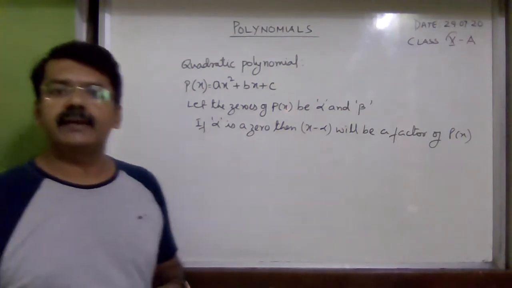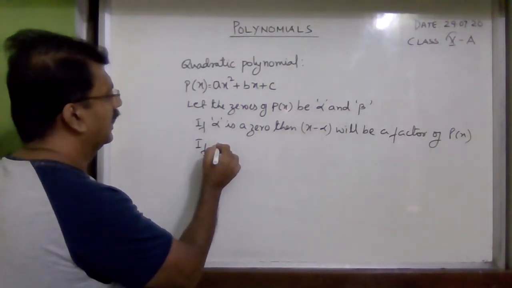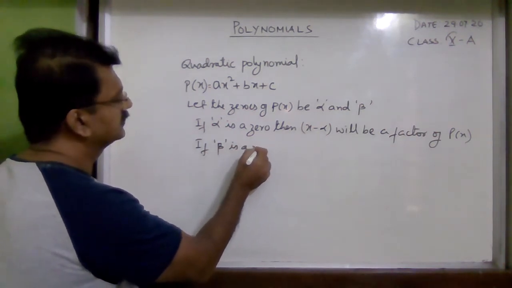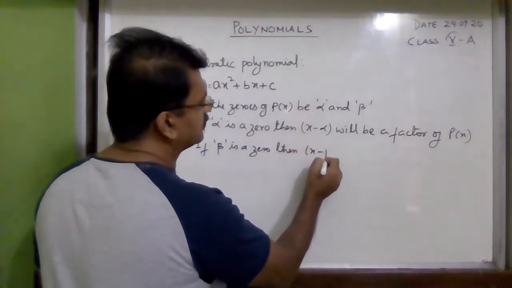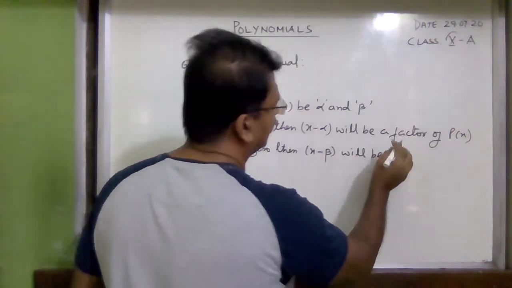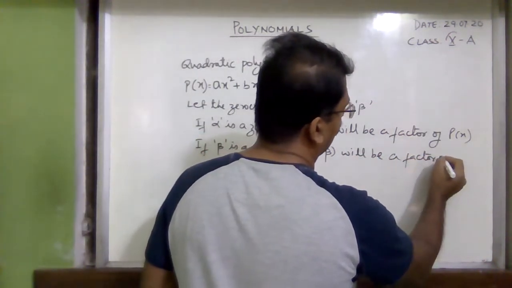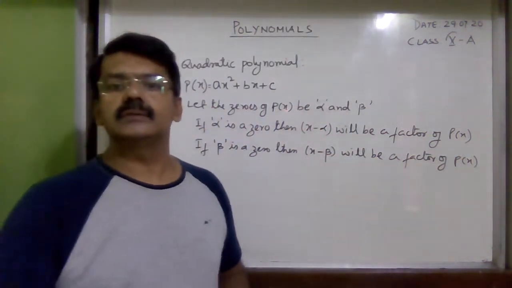Now, if beta is a zero, then x minus beta will be a factor of px. Clear?